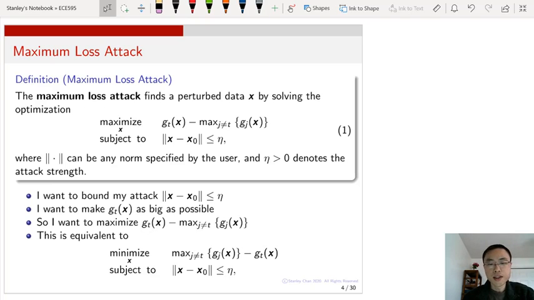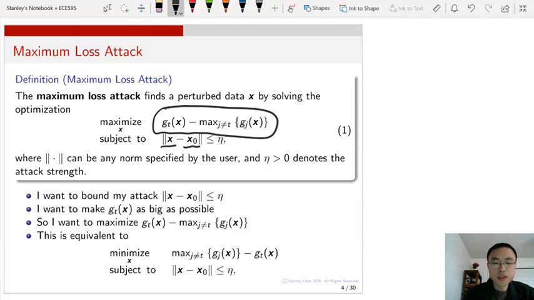However, the difference here is that instead of trying to minimize the distance, which is the distance between your optimization variable x and also your current data point x0, we are going to maximize this function, which appears in the constraint of our minimum distance attack. So effectively, we are switching the role between the constraint and the objective function from the minimum distance attack to the maximum loss attack.